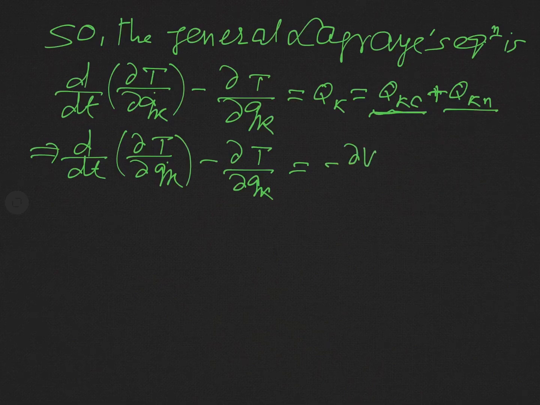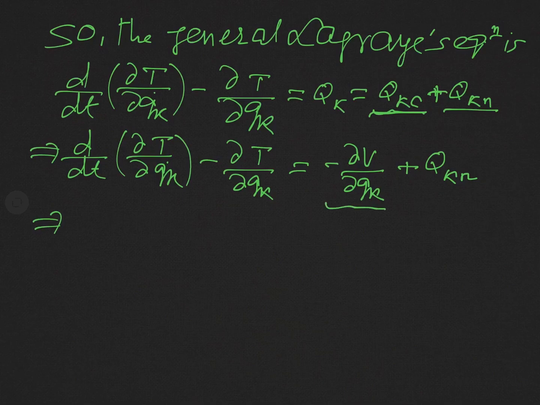This will be written as minus del V by del qk, where V is the potential energy of our system, plus this component of non-conservative force Qkn.